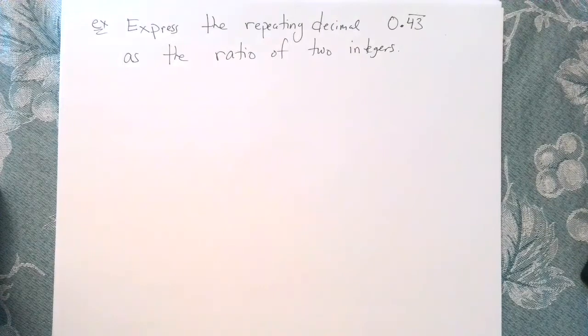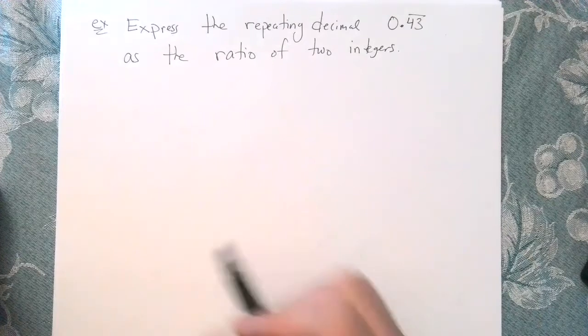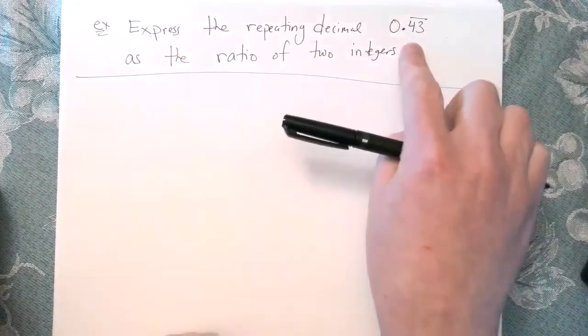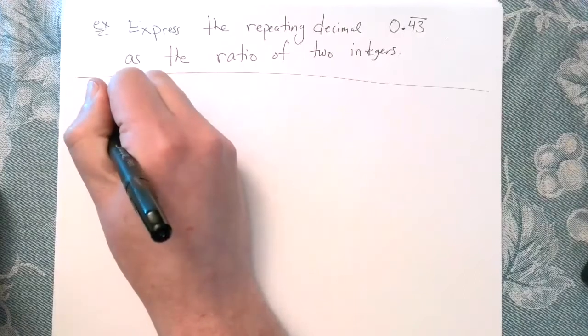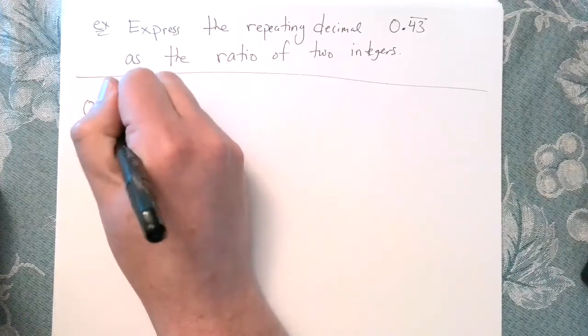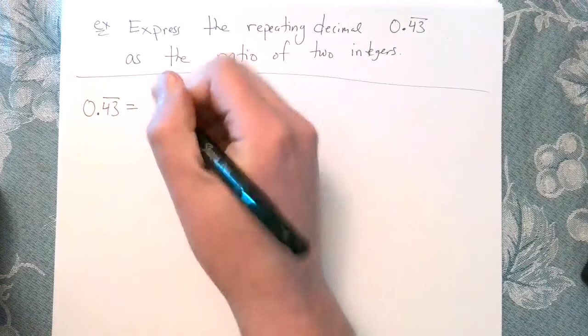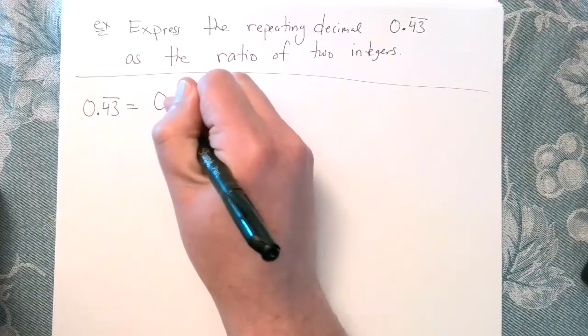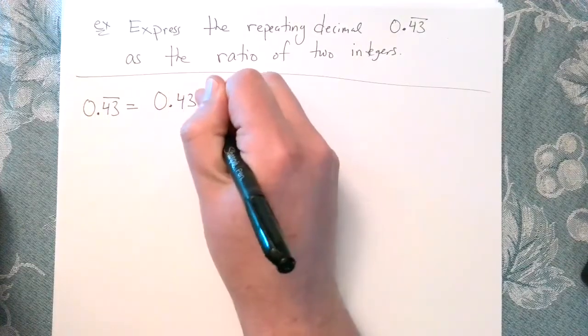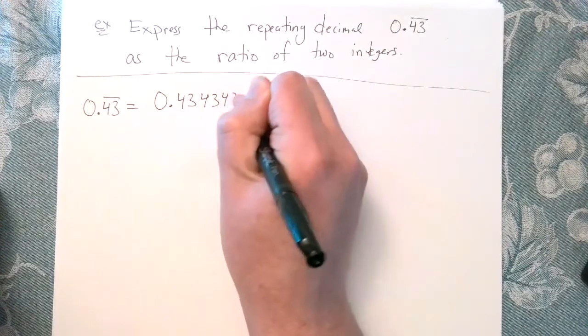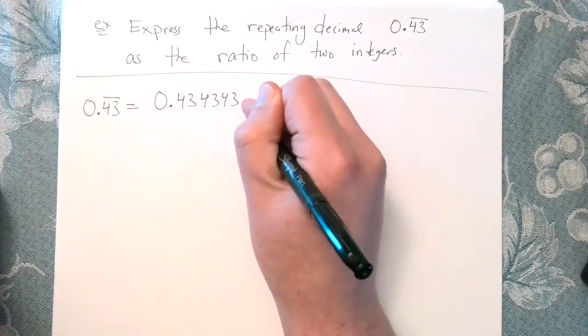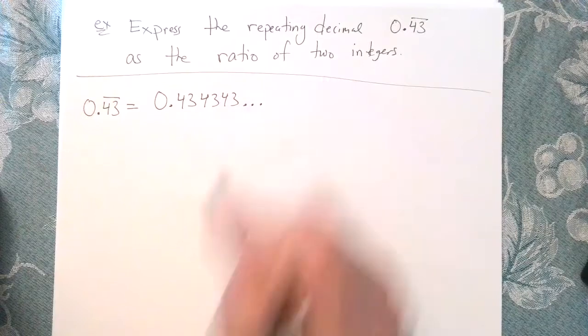Now, the first key here is we want to rewrite this, and then we want to take note of place value. So what do we mean by this notation? Well, what we mean by this is exactly 0.434343, etc. This pattern repeats forever.